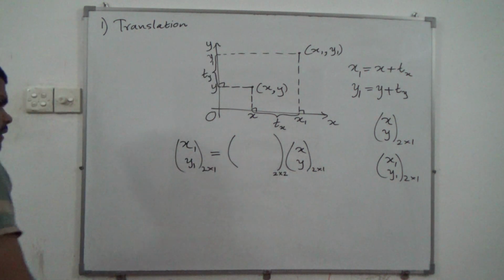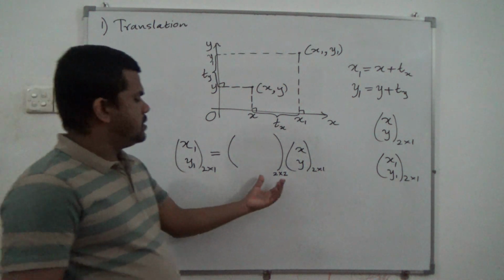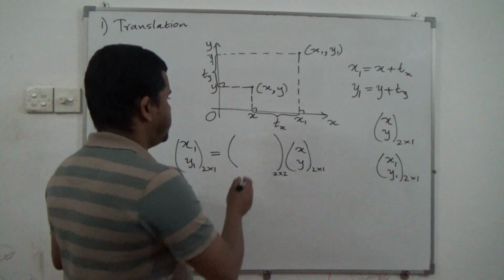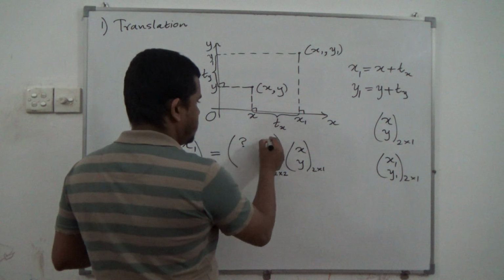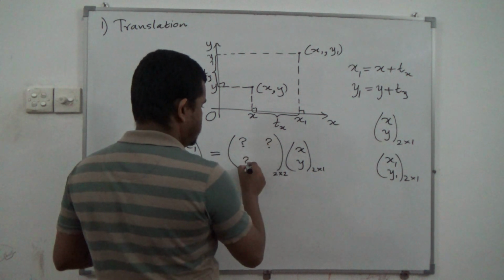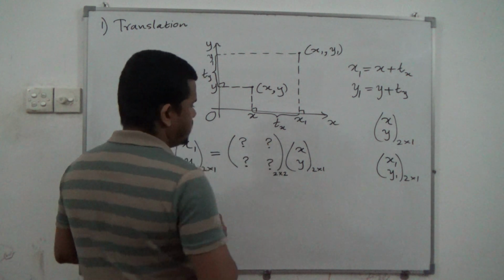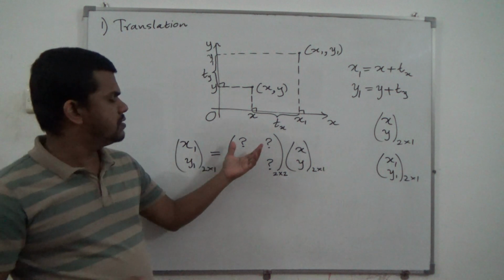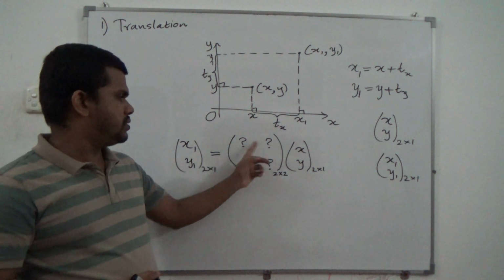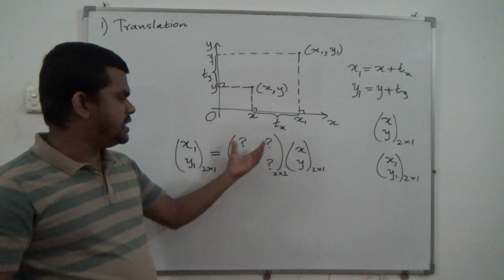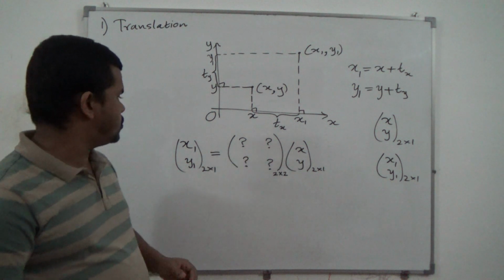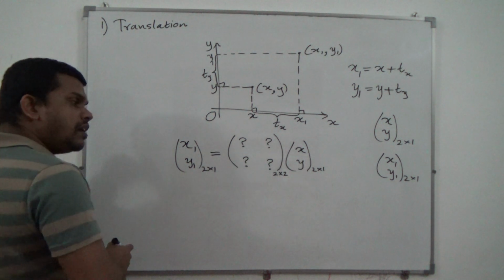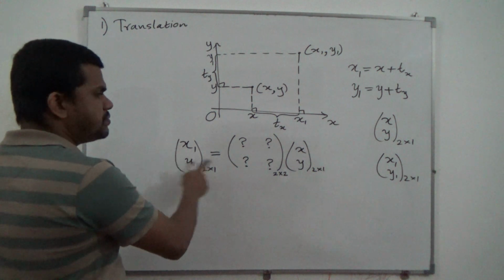Now, this is a 2 by 2 matrix. We have 4 values. Now can we find 4 values for this matrix so that we get this one?